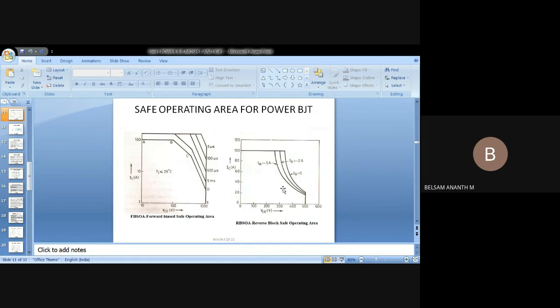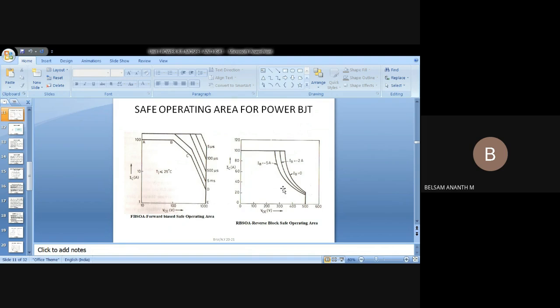Okay, so this is the characteristic curve of the safe operating area region. When we speak about the safe operating region, please remember that on the x-axis we speak about the collector emitter voltage, and on the y-axis the collector current. One is in terms of voltage, and another one is the characteristic curve.